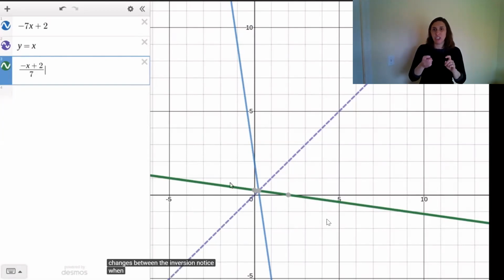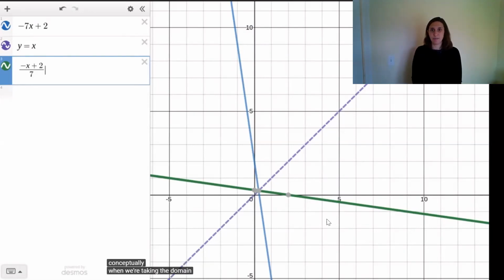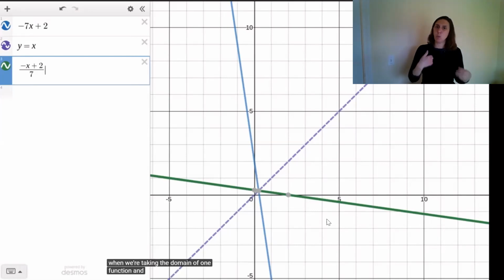Notice, when I swap the domain and range for the blue function, I get the green function. It's mirrored over y equals x. And so conceptually, when we're taking the domain of one function and swapping it with the range of another function, we get this mirroring effect.